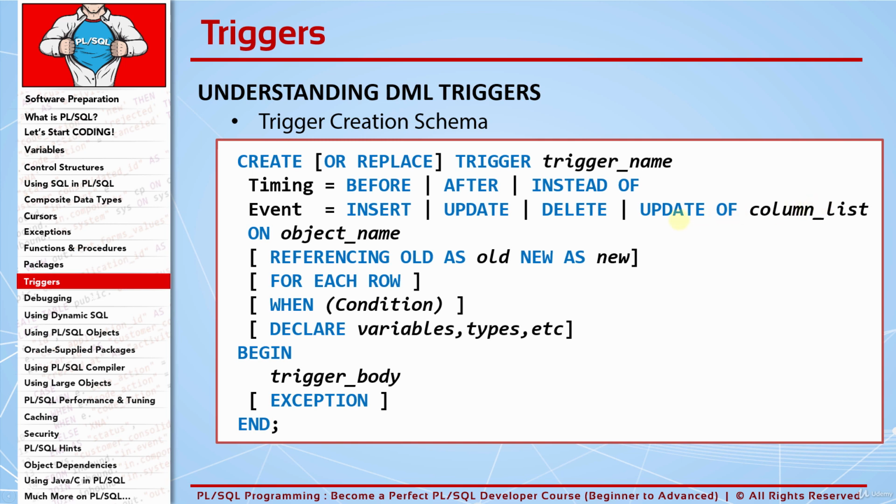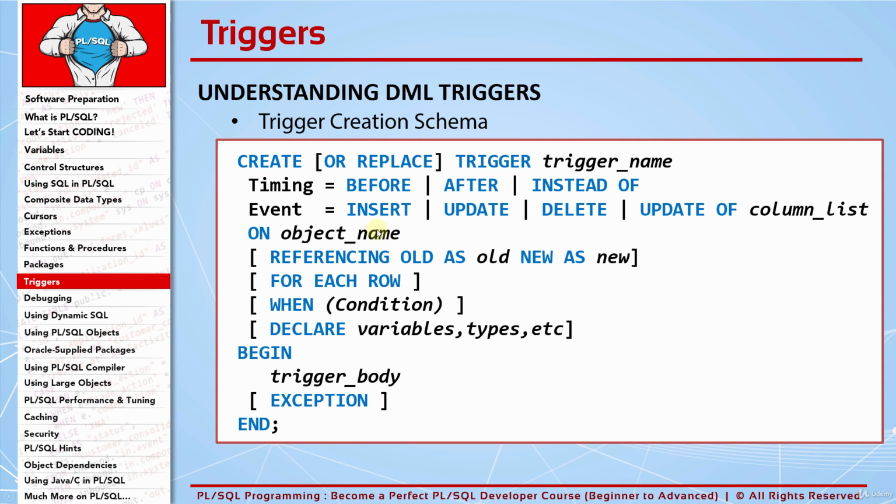Then we write on keyword and the object name. The objects can be a table or a view for the DML triggers. Actually, as we have seen up to now, we can say that we say to our trigger that run, execute, or fire, however we call it, before or after or instead of any insert, update, or delete occurs in the specified table or view.